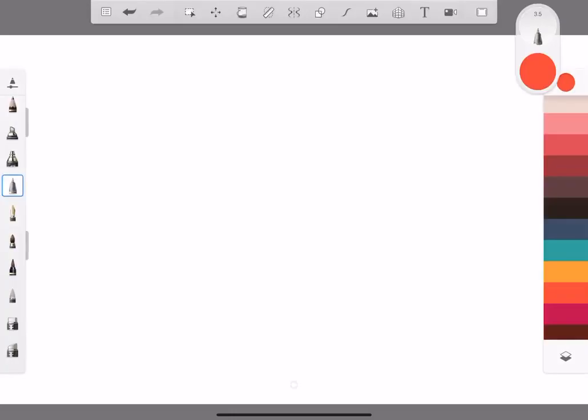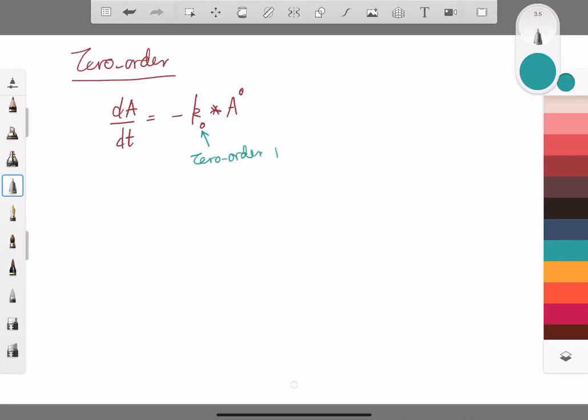Okay, let's start with zero order reaction. Starting off with the equation we just mentioned, to the power of the order, which is zero order. This is called the zero order rate constant. We just substitute the order with 0 because it's a zero order reaction.